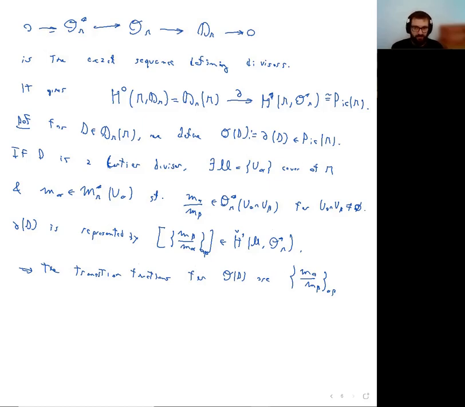So the exercise here is to verify that this construction, so this way of associating a bundle to a divisor, is the same thing that we already did, the one we discussed when introducing divisors.